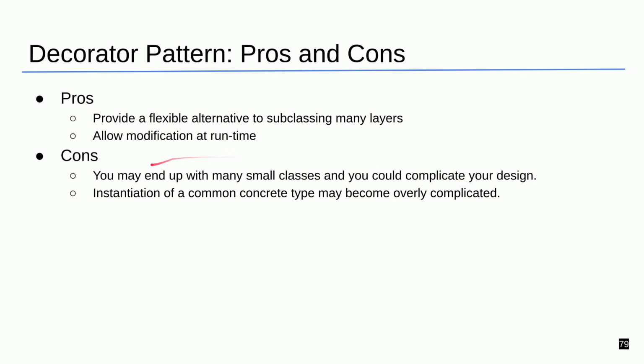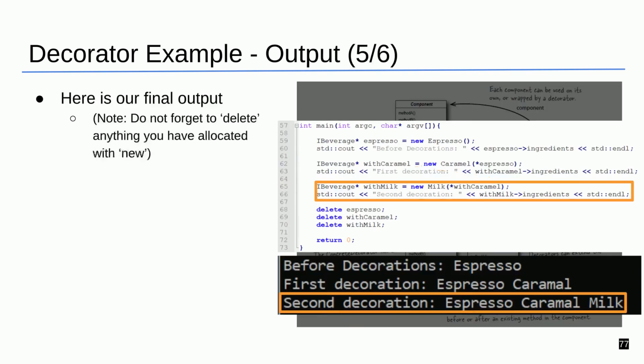Okay. Now the cons are, with this pattern, we have to be a little bit careful, is that you could end up with many small classes that complicate your design, but at least there are small classes, which are good. But if you have something like this, with the decorator, and you're creating a more complex object, you do have many of these levels of creating this beverage, and then decorating with milk, and decorating.